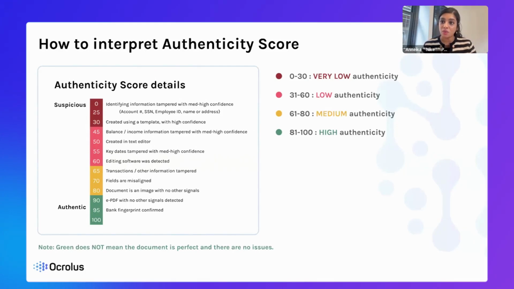And so we never want to say something's perfectly okay or 100% fraud. Our goal is not to necessarily opine on what exactly is happening if something's fraudulent. We want to tell you if something's really suspicious and give the power back to the underwriter, fraud analyst, leasing agent to make the ultimate determination. So our goal is not to make the determination, it's to give you the information to make the ultimate determination.